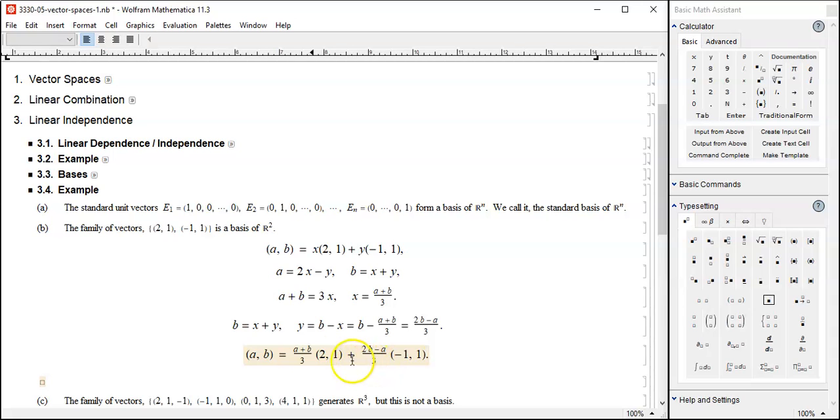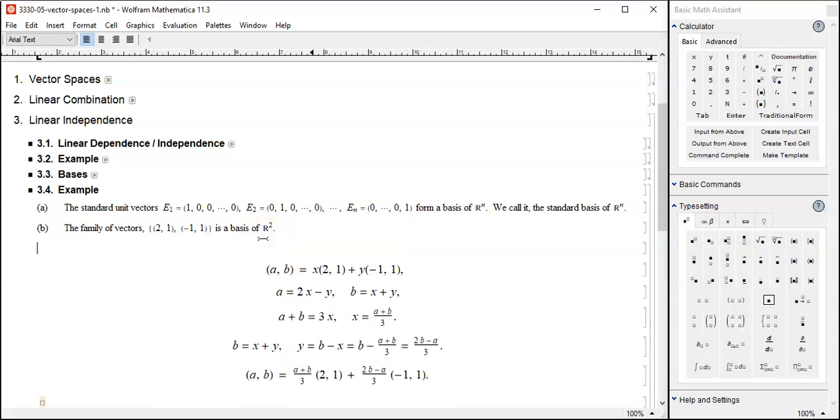So what did we do? For an arbitrary vector, it is possible to get coordinates x and y so that it can be written as a linear combination of these two vectors, (2, 1) and (-1, 1). So generating, that part is done.